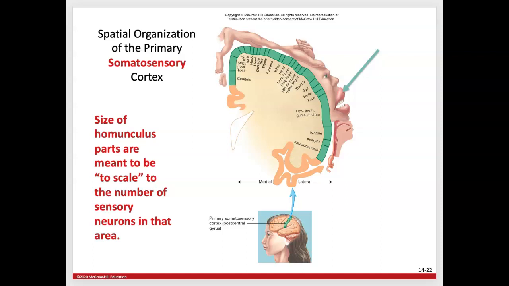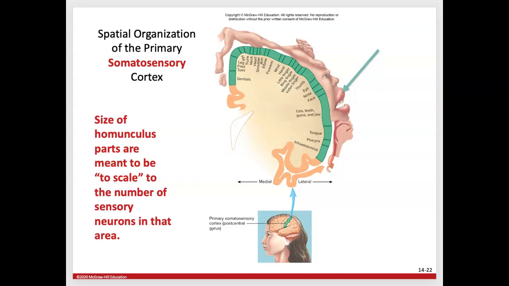Chapter 14, Part 2. This image shows a homunculus. Homunculus in Latin means little man. If you've ever taken psychology, you've probably seen this before. Basically, it's showing where the most sensory neurons are found, kind of to scale.